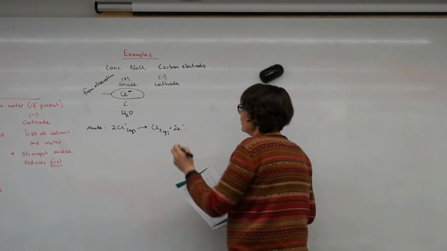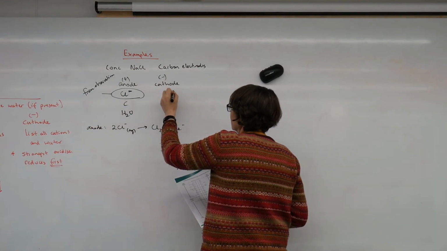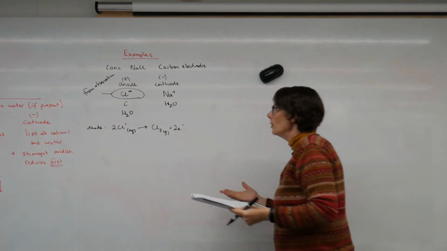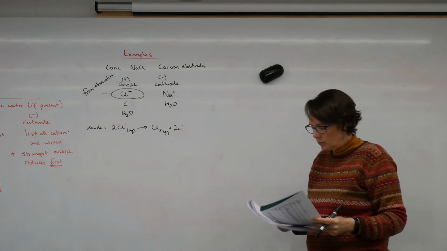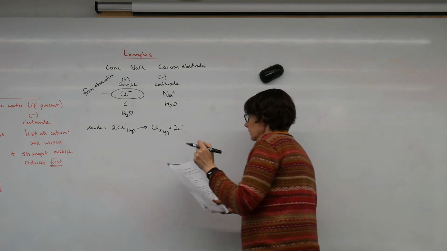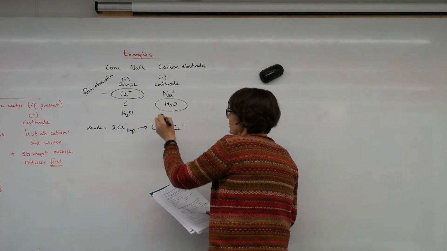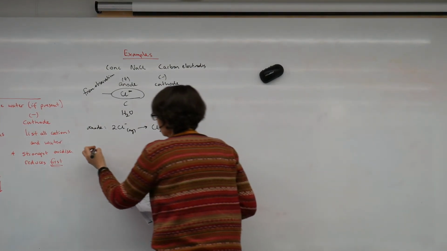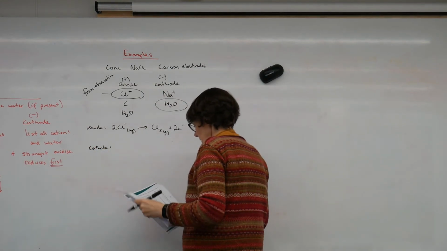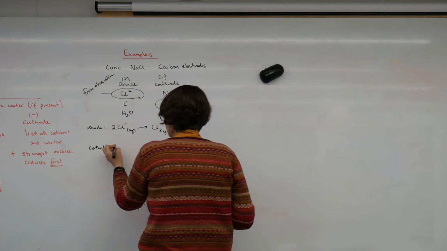Now for our cathode, all we've got present are sodium ions and water, and so we don't have any choice. It's got to be the water. We're going to be reducing the water.